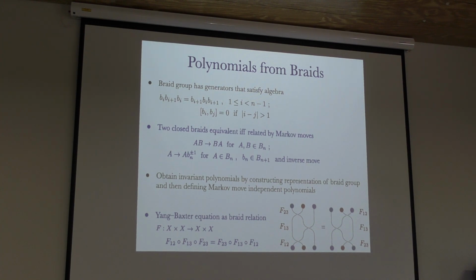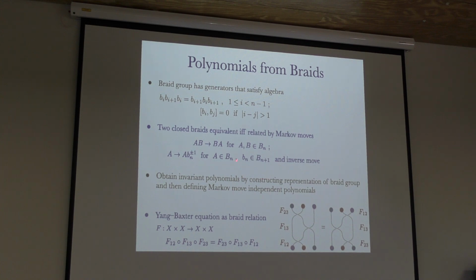So in order to evaluate the similar thing in colored polynomials, we need the colored polynomials to begin with. So we need to construct these because they haven't been constructed systematically for representations of SU(2). So we'll use the braid group in order to do this. The braid group has generators that satisfy a certain algebra, and two closed braids are equivalent if related by so-called Markov moves. One Markov move is conjugation.